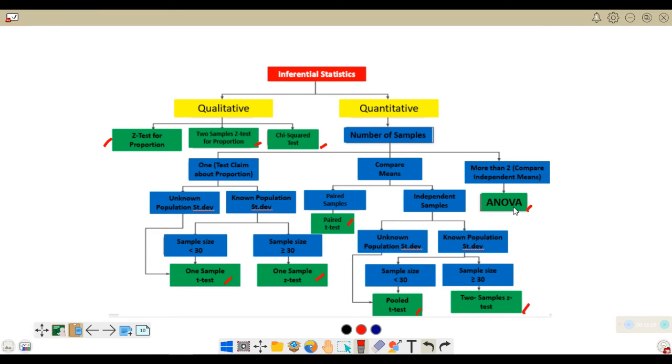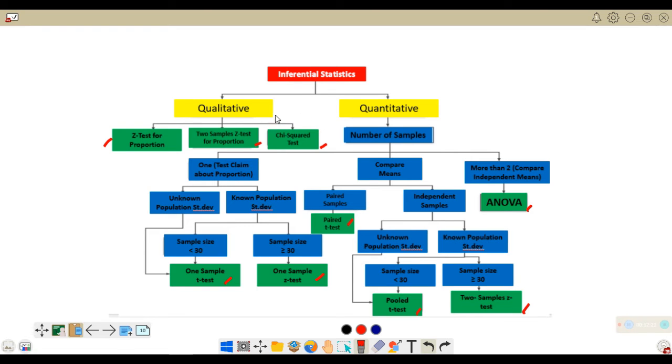Marami pa to. May non-parametric tests pa, pero hindi ko na siya sinama since these are the most frequently used test statistics and traditionally we often assume that the population is normal.